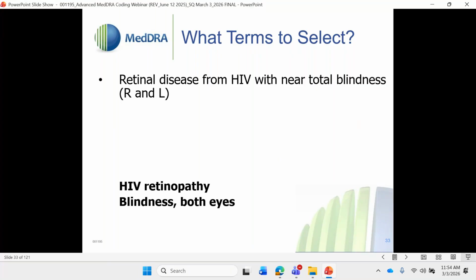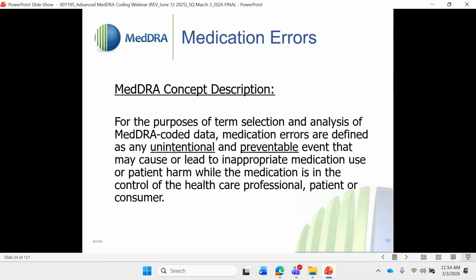Okay. Now, again, we did show you what a concept description is, but just again, how do we define the MedDRA concept description for medication errors? In MedDRA, you have lots and lots of terms on medication errors. And the MedDRA concept description for medication error reads as such.